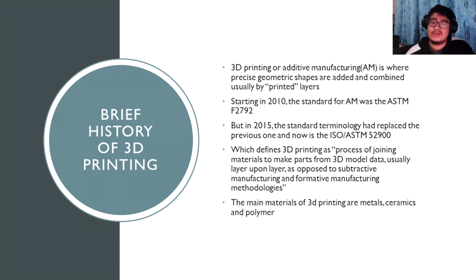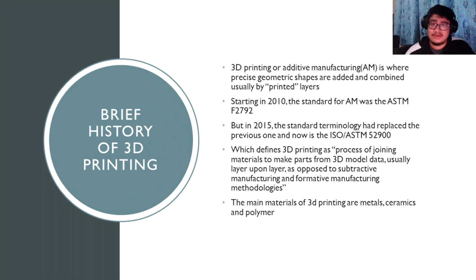But in 2015, the standard terminology was decided and replaced the old one, which is now ISO ASTM 52900, which states that 3D printing is the process of joining materials to make parts from 3D model data, which usually is layer by layer.